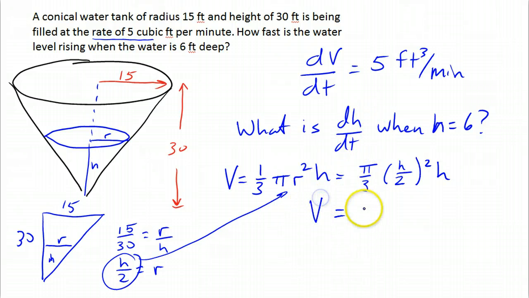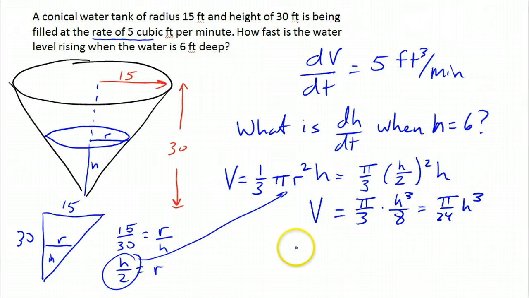So we have V is equal to pi over 3 times h cubed over 8, which is pi over 24 h cubed.